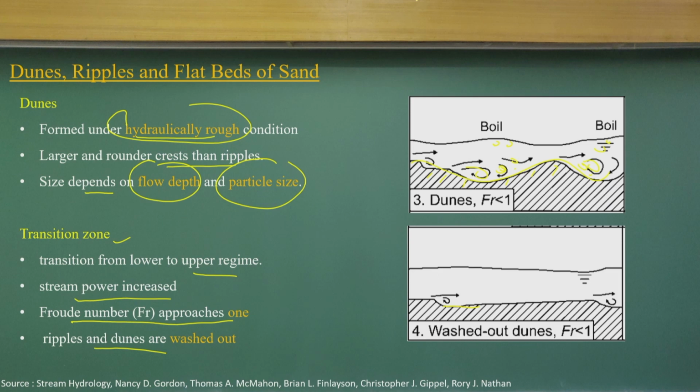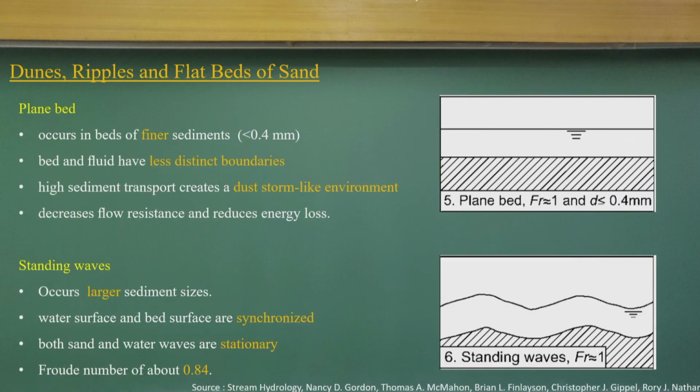Now, if you look at the next one, again this is the plane bed surface. When the flow Froude number is closer to 1, you will have plane beds, when D is much smaller than 4.4 mm. But if not, you can have standing waves, where the shape of the sand wave and the water wave will be the same.